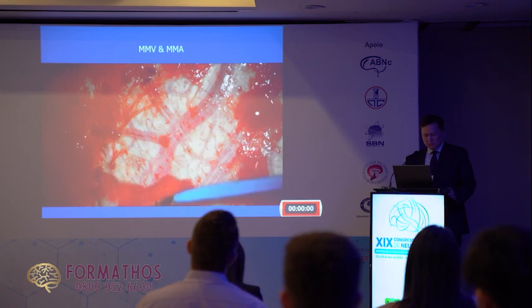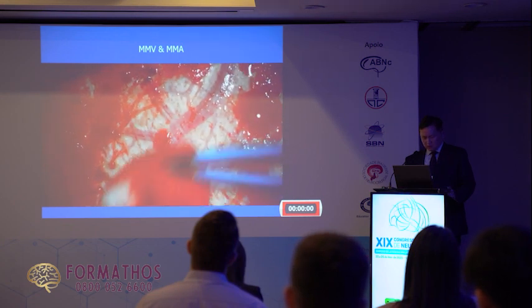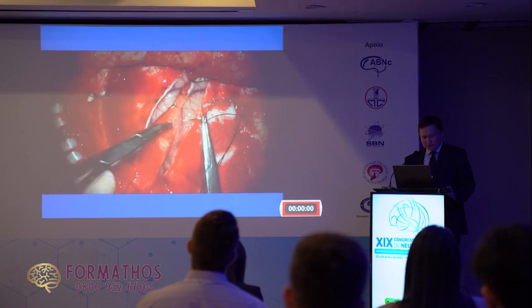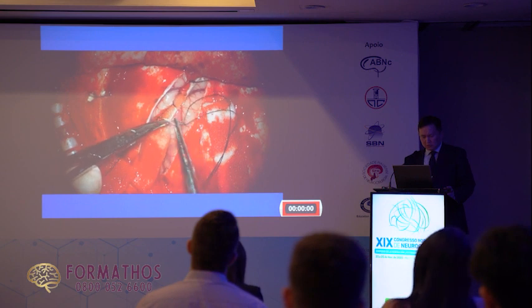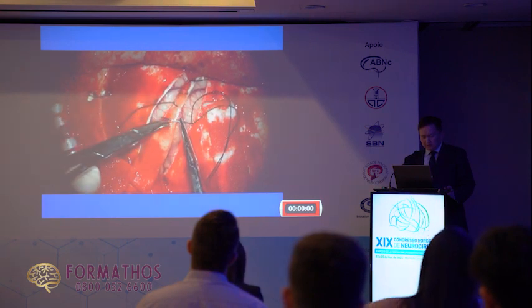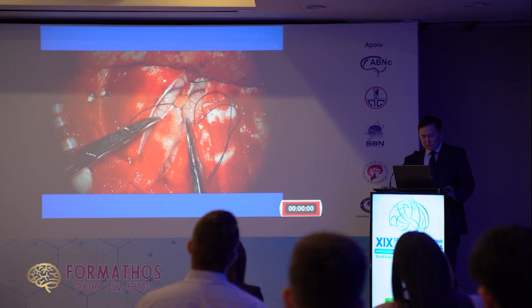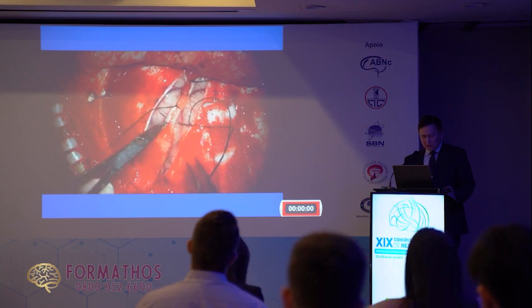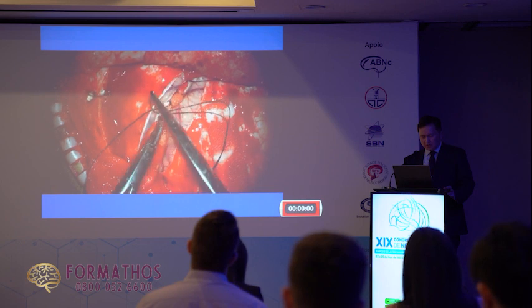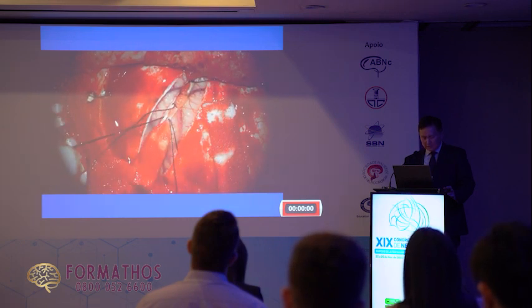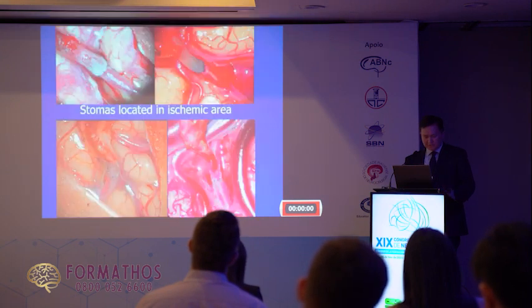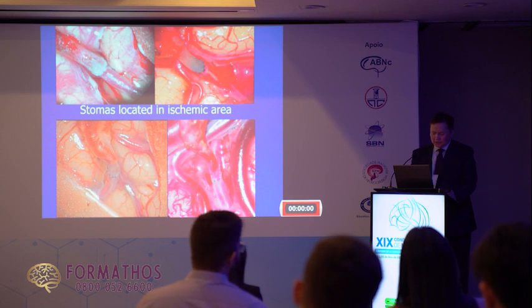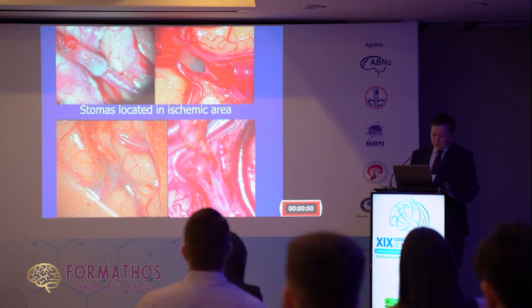So the bleeding for this kind of hole is quite difficult to stop. So this is how I treated. I use a gel foam strip to compress the vein bleeding, and after this treatment, you can see we protected the artery's patency and at the same time stopped the bleeding of the vein. So I call this just like a Chinese spring roll. So the stoma is located in ischemic area, but not the totally infarcted area.